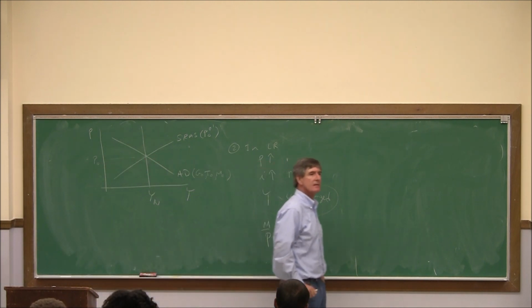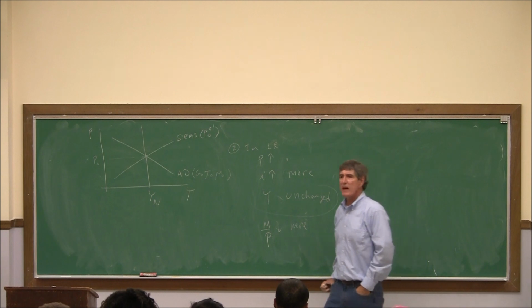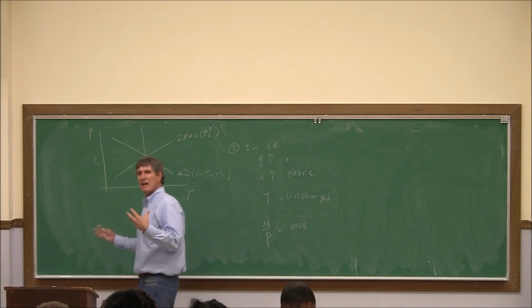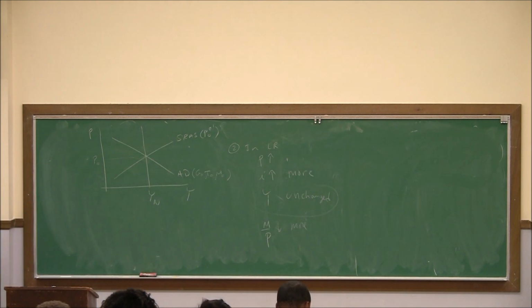Then what happens? In the summer of 2007, we start seeing financial markets get the jitters, and then suddenly the economy goes into recession, in part because everyone gets afraid because they're losing all this money in the housing market, losing all this money in their retirement savings. So investment plummets, consumption plummets.